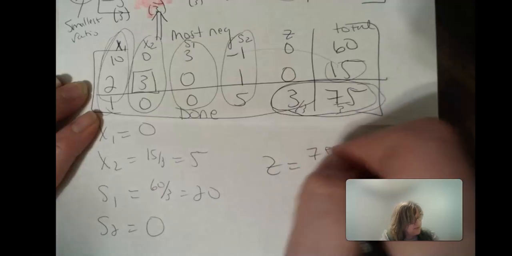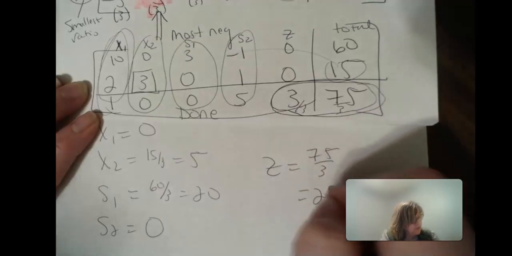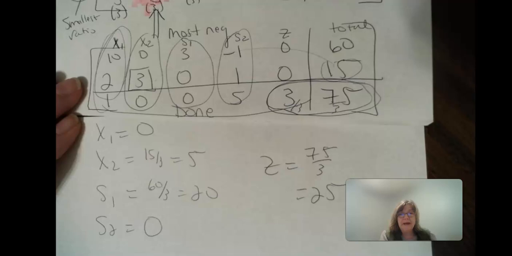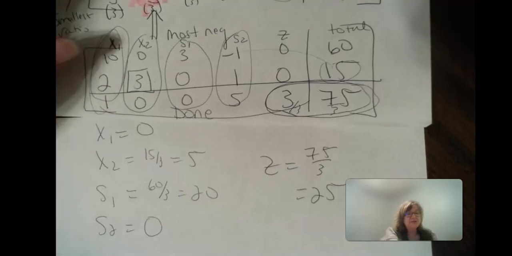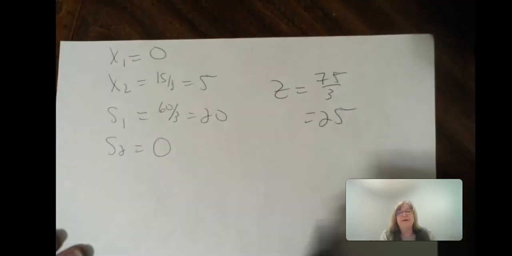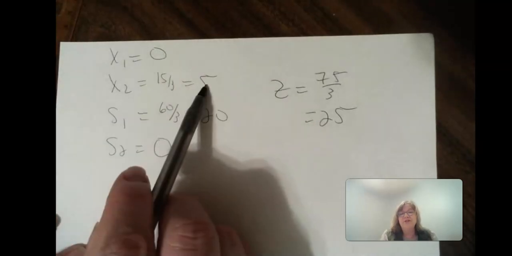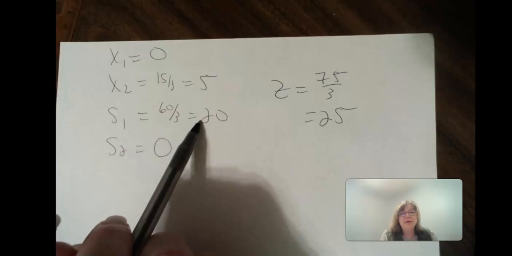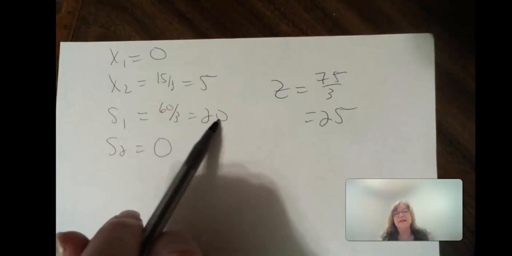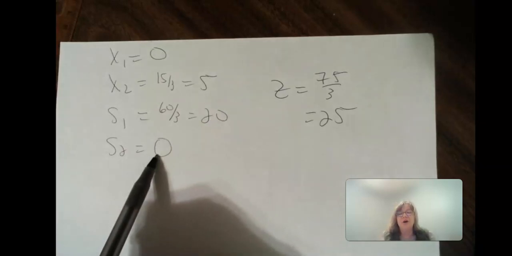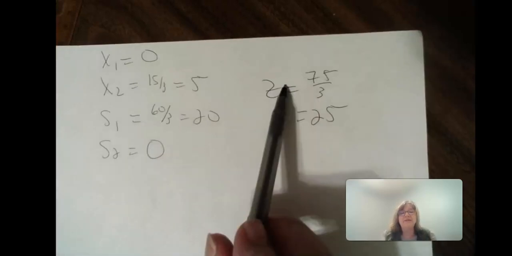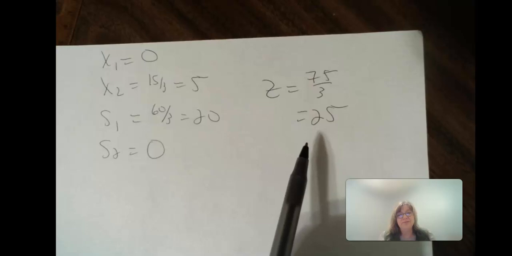So 75 divided by 3 is 25. Okay. And again, if this was a real life story problem, it might say, well, you should raise 0 guinea pigs, 5 chickens. You're going to have 20 pounds of, I don't know, grain left over. You're going to use all of, I don't know, the grass that you have, and you're going to maximize profit at $25, something like that.